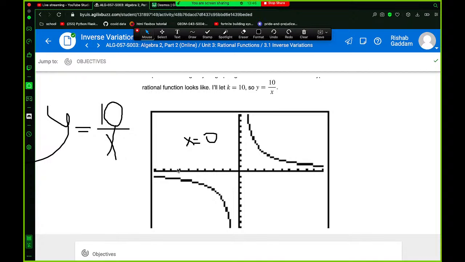So if you make x equal to 0 in this equation, you get undefined. So there's no point for that.